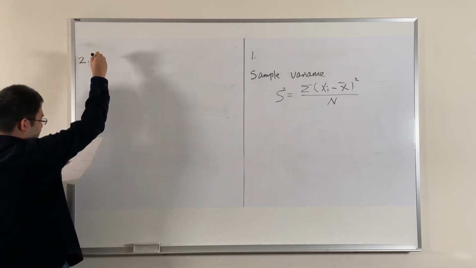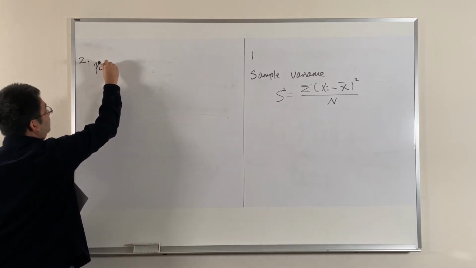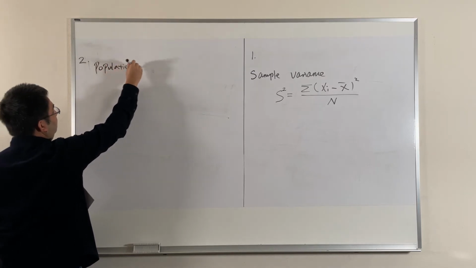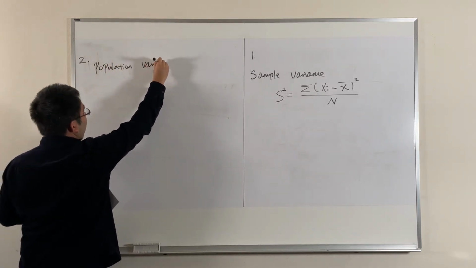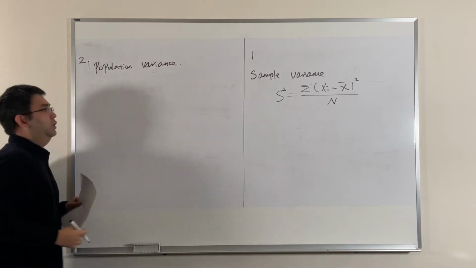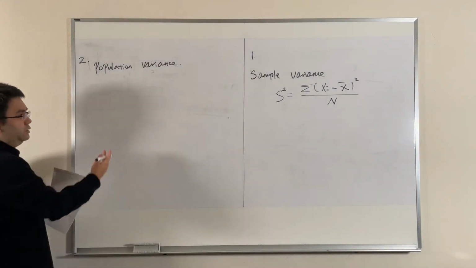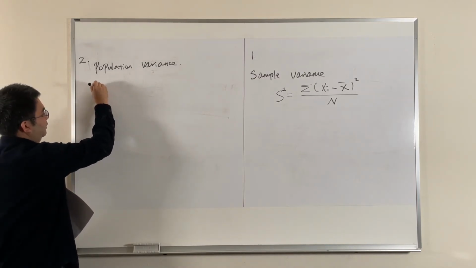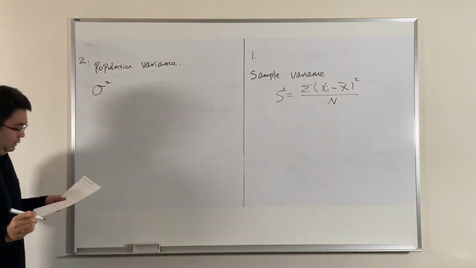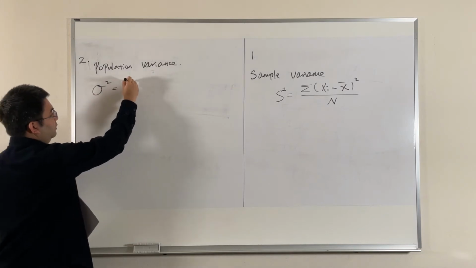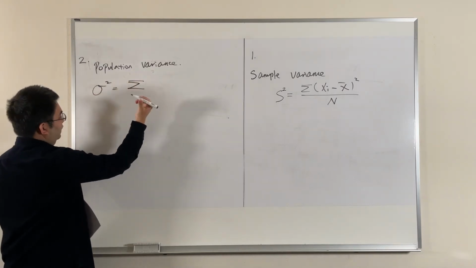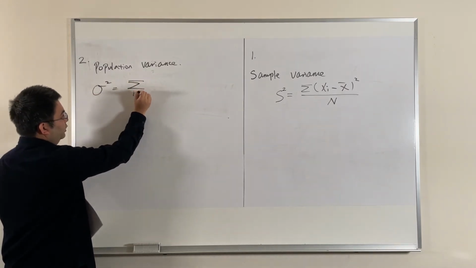Okay, second one is our population variance. So this one, we want to be a little bit more careful when we look at this formula here. So first, the notation we use is sigma squared, and this equals summation i equals 1 to n.